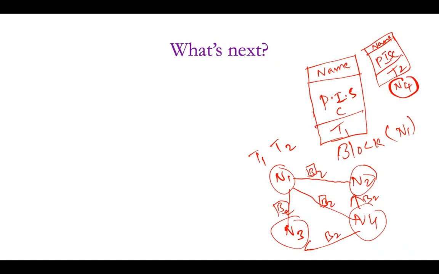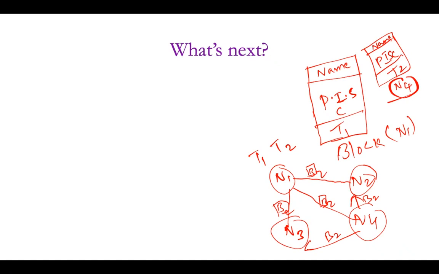So how do we believe that node 4 is giving the correct, the right information? It should require some kind of security for this particular block which is created by the user, this node N4.